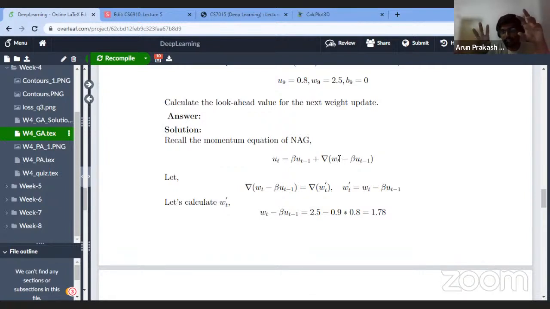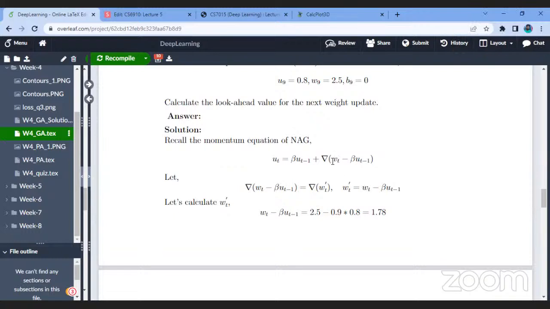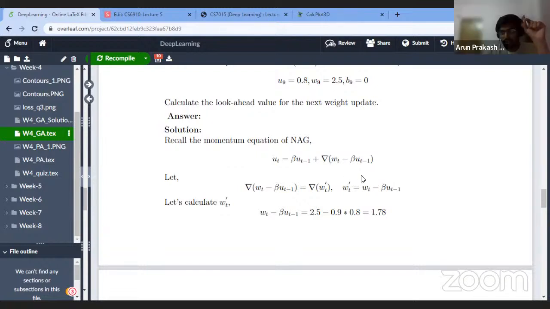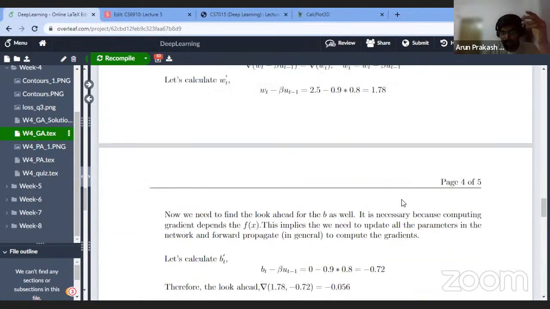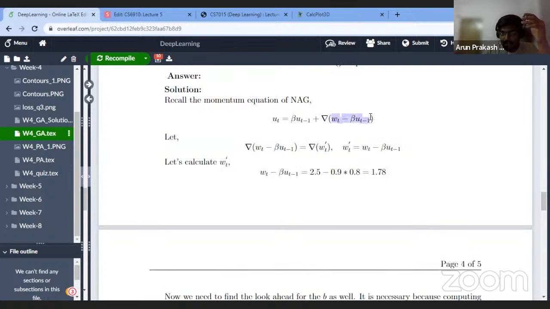You understand that part, right? Sir, but look ahead is actually the gradient of W. No, no. Look ahead is W alone. Whatever argument I am passing to this nabla operator is the look ahead value.